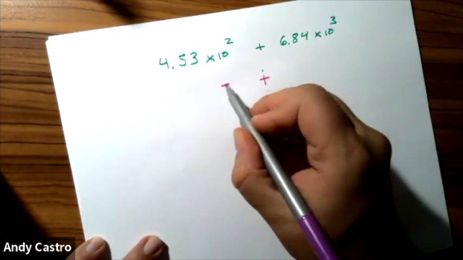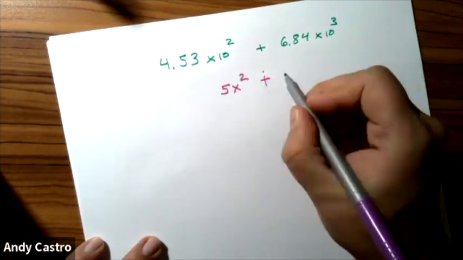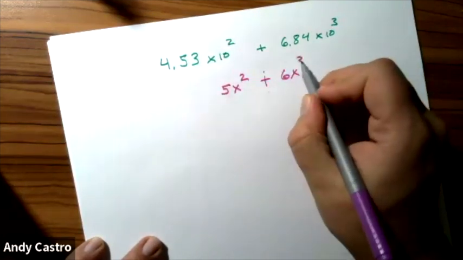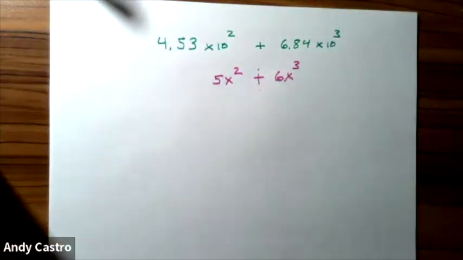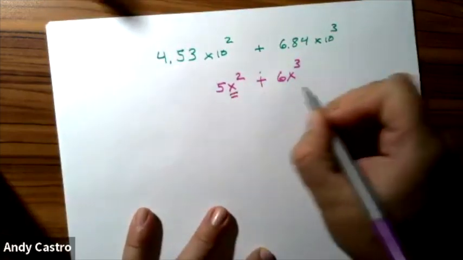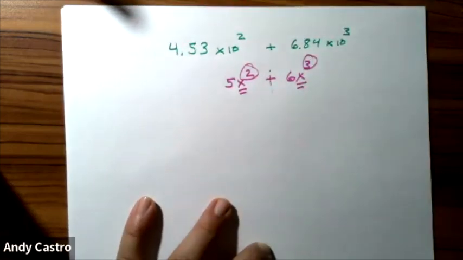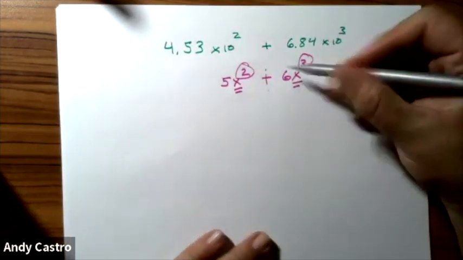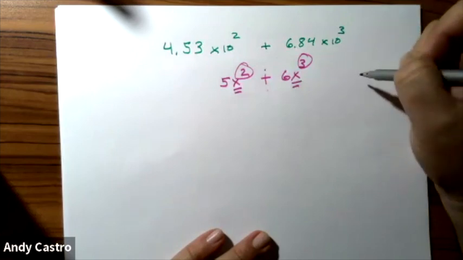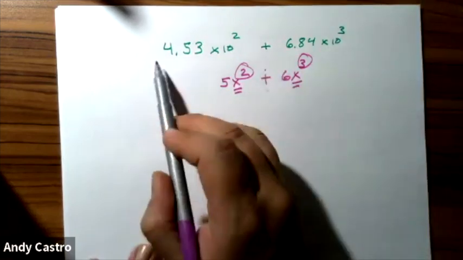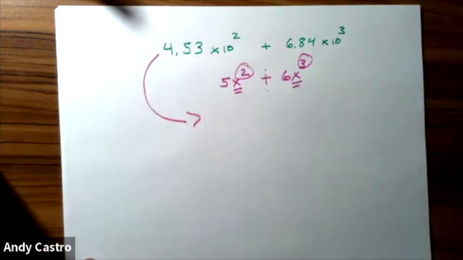So if I had 5x squared plus 6x cubed, are those like terms? Can I add those together? Well, the answer is no, because even though we have the same variable, we do not have the same exponent. Now, if there was a way to make them the same exponent, then we could add them together. And that's what we need to do in scientific notation.